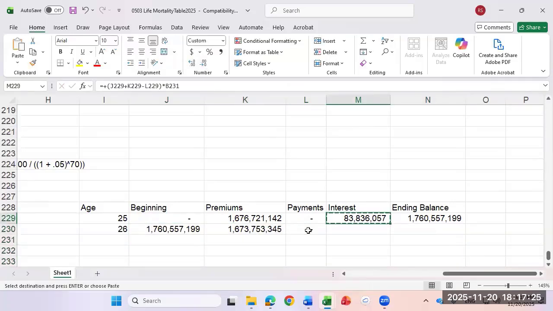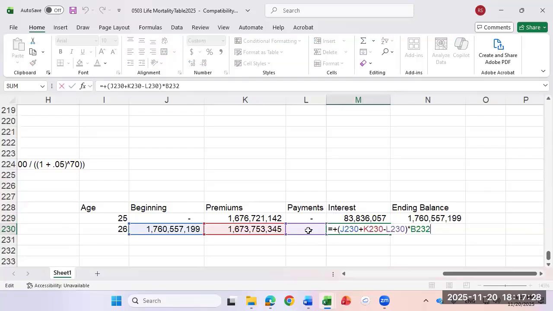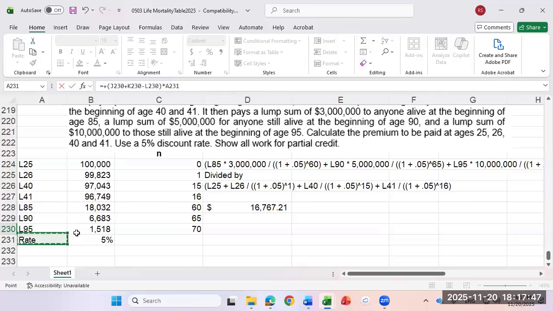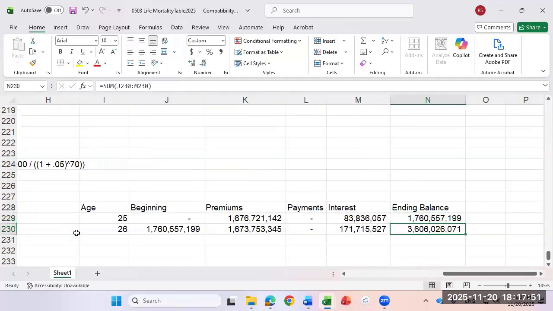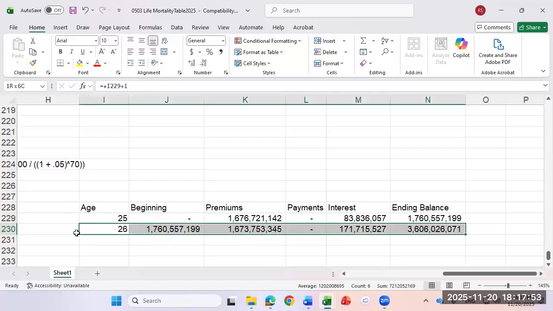Our interest, again, is going to be on our beginning balance plus our premiums minus our payments. In this case, we're subtracting the payments because they're happening at the beginning of the year. If they're death benefits, we wouldn't subtract the payments because they're at the end of the year, so you don't earn interest on something that happens at the end of the year. We multiply that by our rate. That gives us this ending balance. And you notice this is going to build up pretty dramatically.